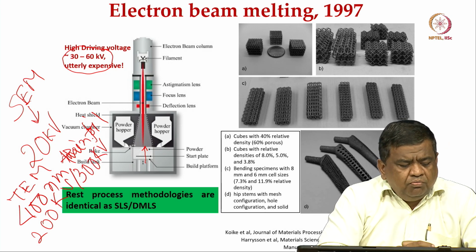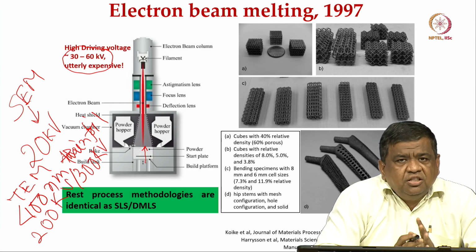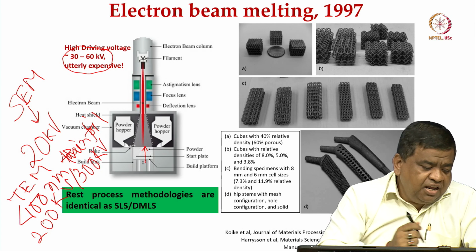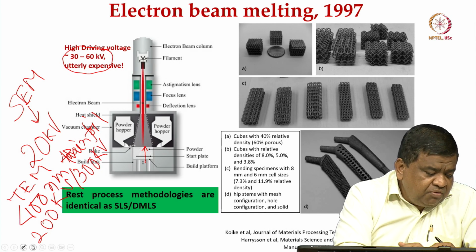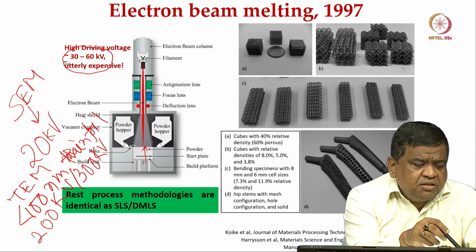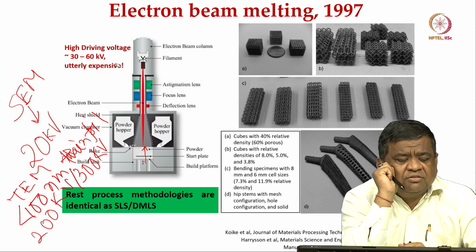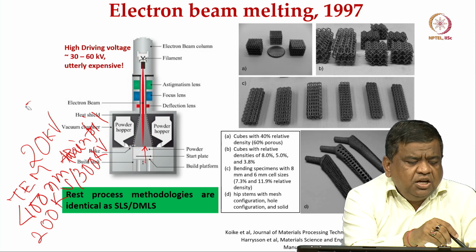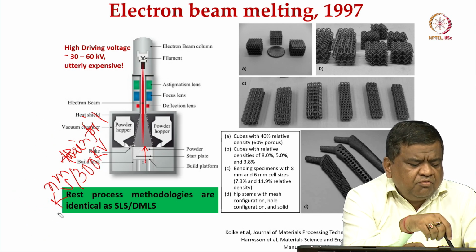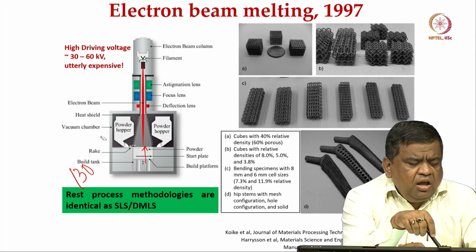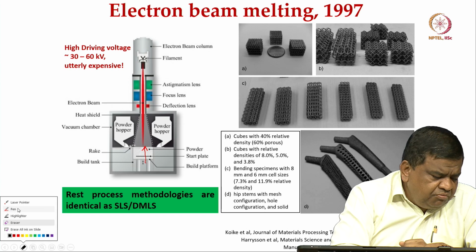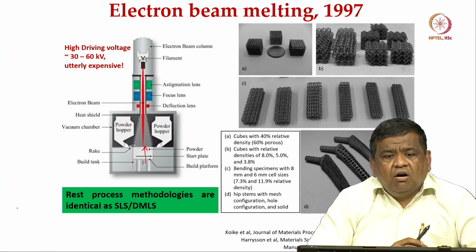So, compared to both these techniques, as you see, this is almost intermediate, between SEM and TEM, the characterization techniques that you have learnt in the previous lectures. And here the accelerating voltage is 30 to 60 kilovolt. This gives you some idea about the different machines that you have learned before, and how different processing techniques also use electron beams of different voltage.